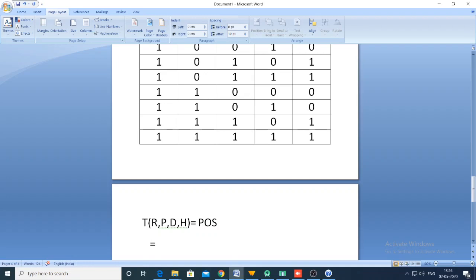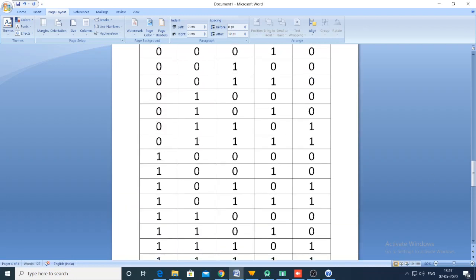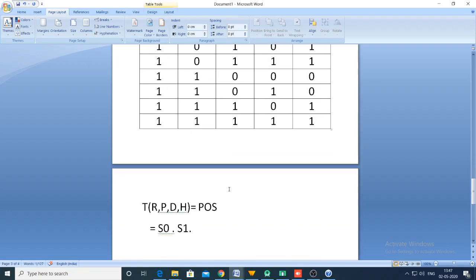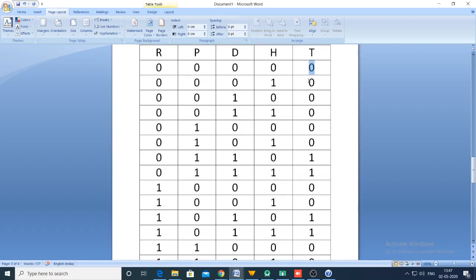So sum term 0, sum term 0 into sum term 1, into sum term 2, 3, 4, 5.